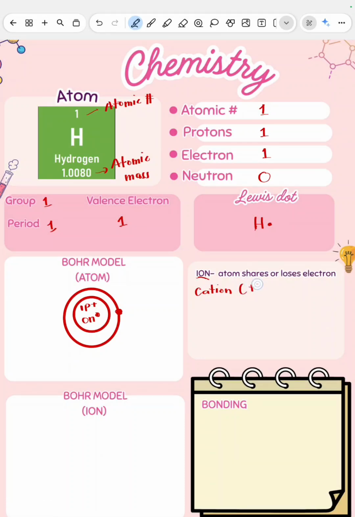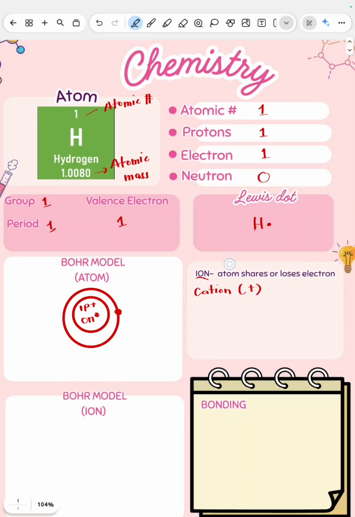So cation is positive. And the next one is gaining an electron, which is what we call an anion. And since you accept an electron, which is negative, you become negative.